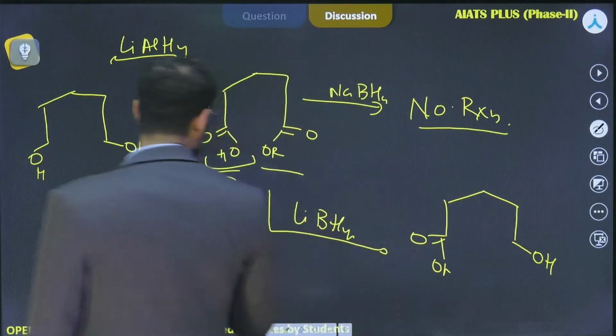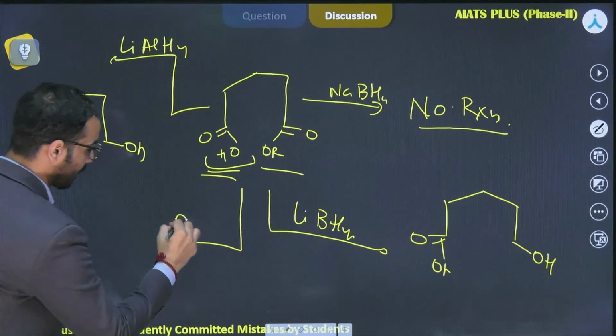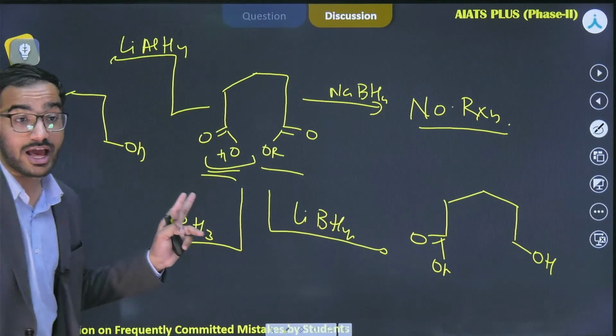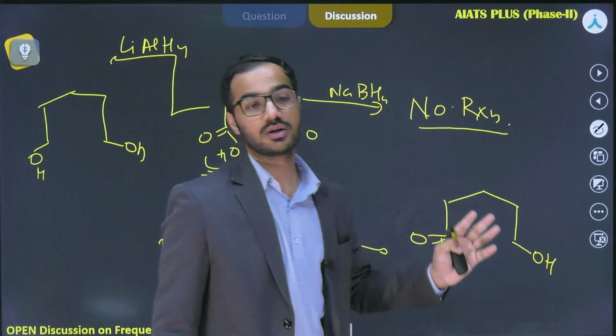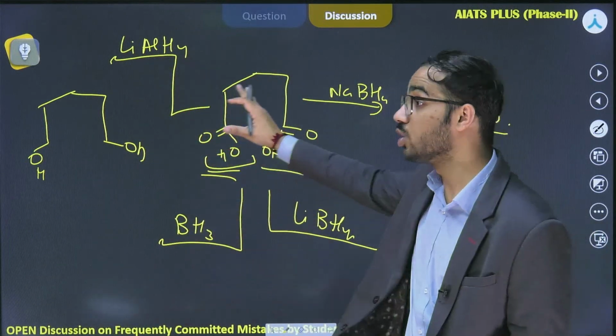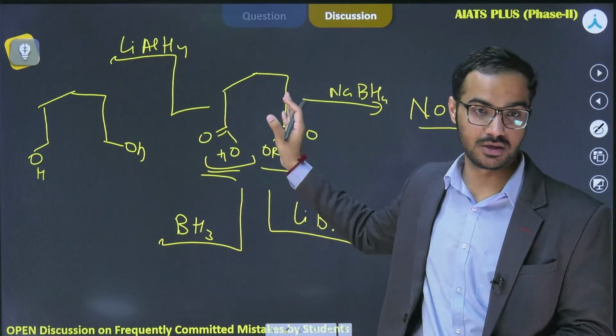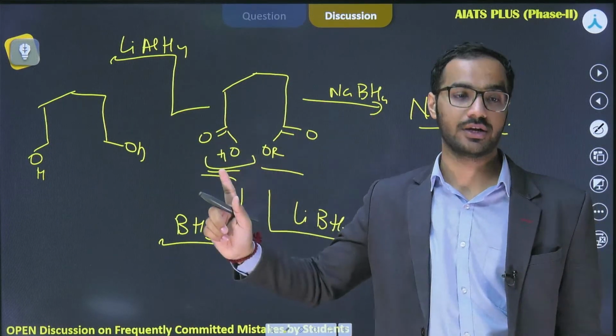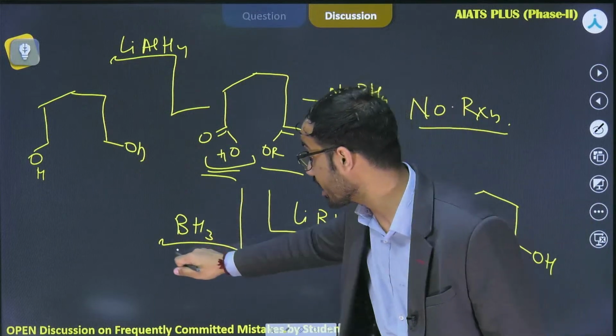Okay, and the last reagent we are having is BH3. BH3 is not like these kinds of reagents. These reagents are nucleophile based, but the reagent BH3 is electrophilic in nature. We can say that this is an electrophile.